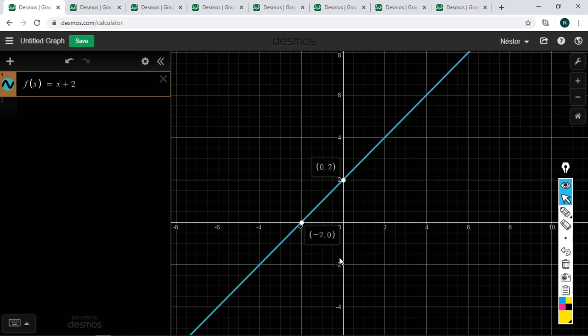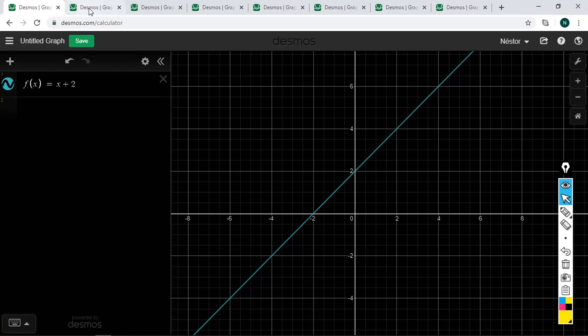They are labeled right now. So we say this graph has as x-intercept the number -2, and the y-intercept is 2. Visually, it's extremely simple to get the intercepts.